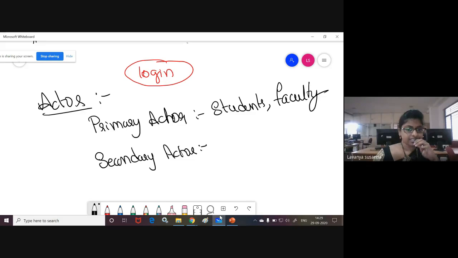If there are any errors, someone must fix them, and someone must manage it, right? Who is that? Admin. So the secondary actor will be admin, who will manage the system and administrate activities. Primary actors are nothing but who use the system, who need the functionality of the system.